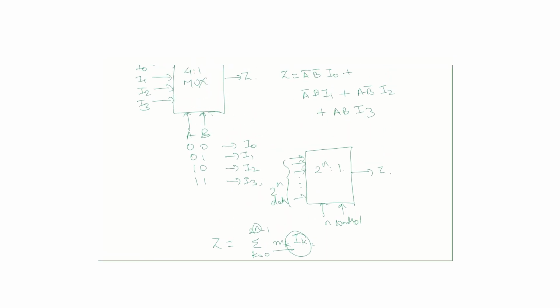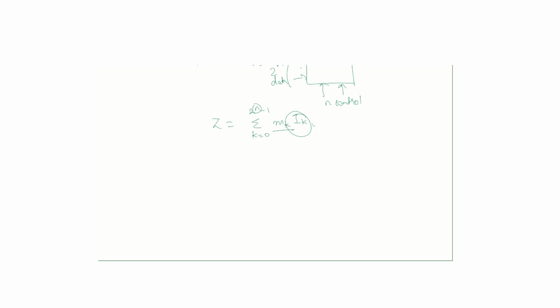So you can draw this 4:1 mux with AND and OR gates. There will be 3 input AND gates, summed up by an OR gate.